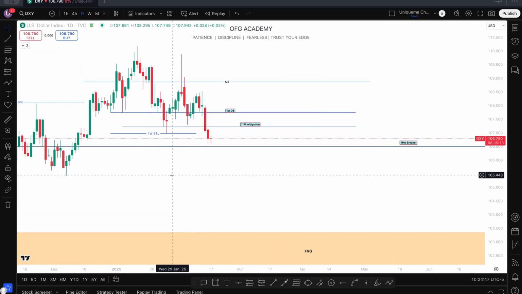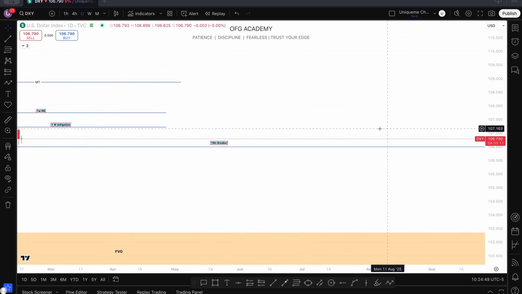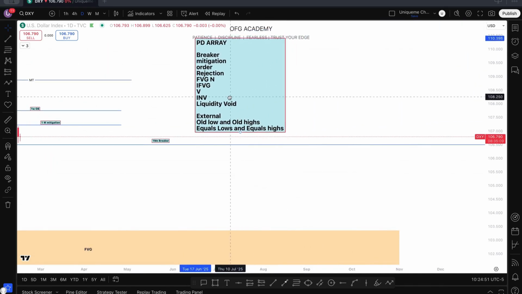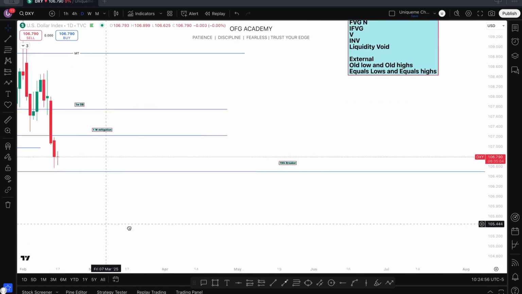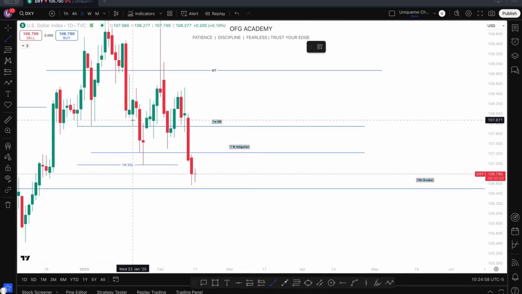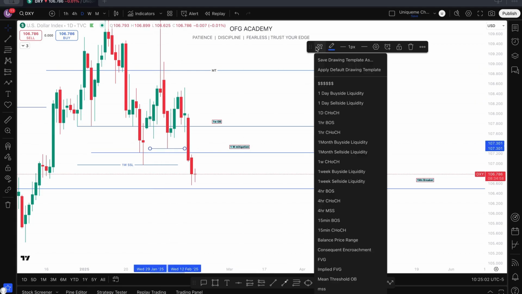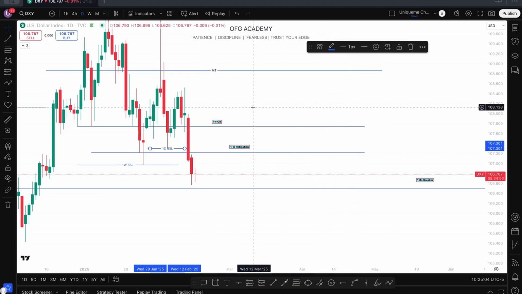Now if I come down to my 1 day, I take my execution from 1 day because I swing trade, right? This makes it easier and more straightforward for me. The closest swing point here that has been violated is around here, which is our buy side liquidity from 1 week, sell side liquidity from 1 week.